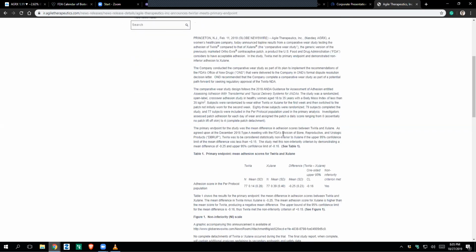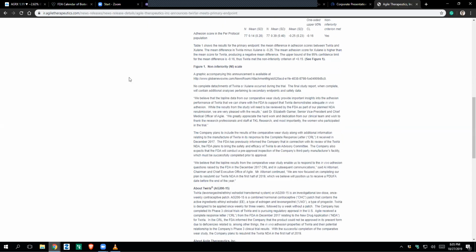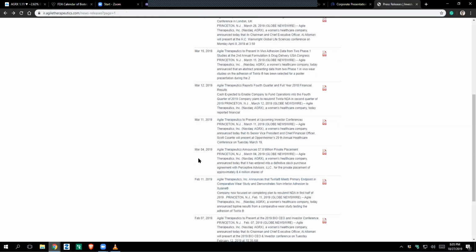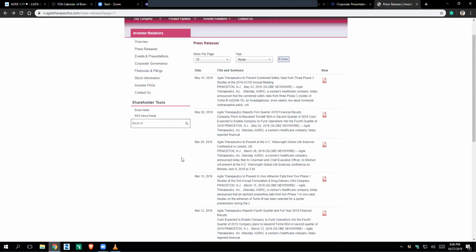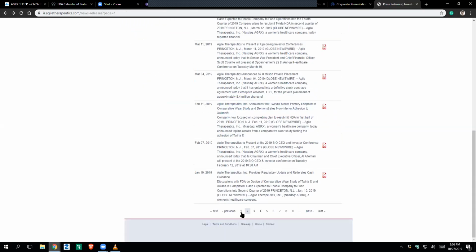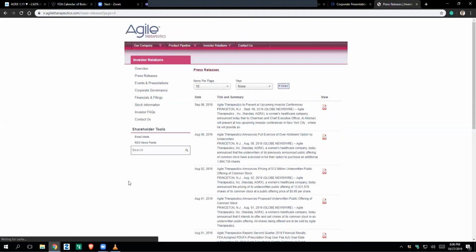The primary endpoint for the study was mean difference in adhesion scores between Twirla and Xulane. Twirla was found to be statistically non-inferior to Xulane. So looks like they worked on some of these adhesion issues which were raised, and they did a study and presented the data from this study to FDA.